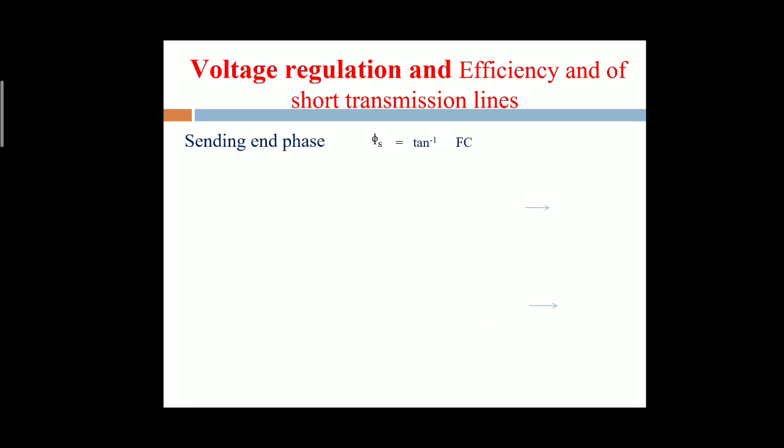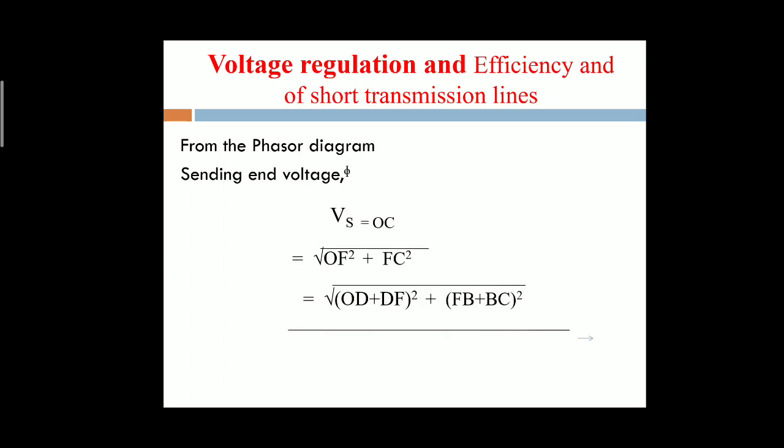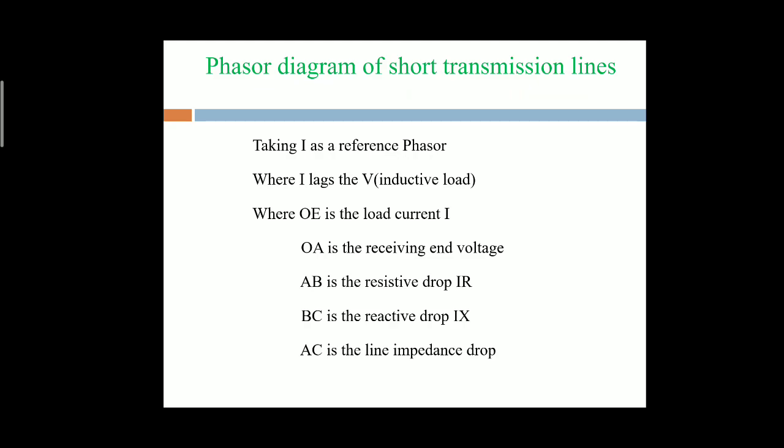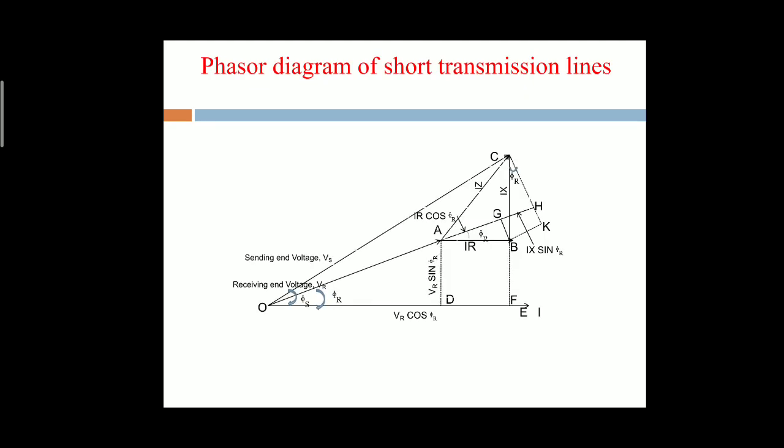Okay. Next, the sending end phase, that is phi s. We write tan phi s by using the triangle OCF. What is the formula for tan? Tan is equal to the opposite side by the adjacent side. Opposite side is FC, and the adjacent side is OF.